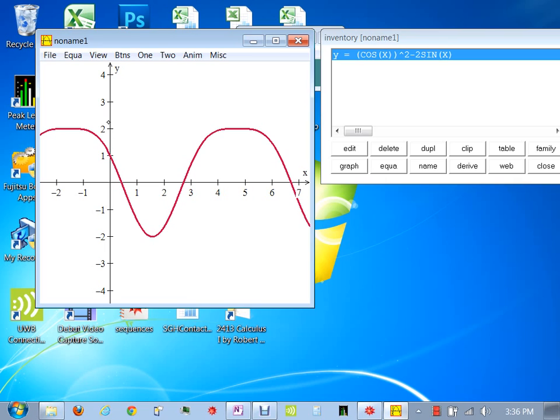So if you just look at this function, just between 0 and 2 pi, which is about out here somewhere, we had a local max, or sorry, a local minimum where? What was our answer for local minimum?